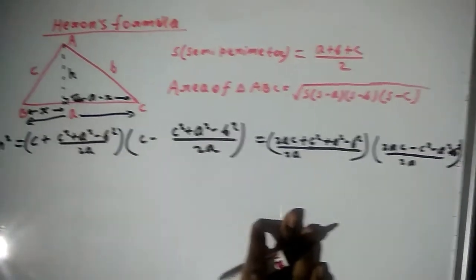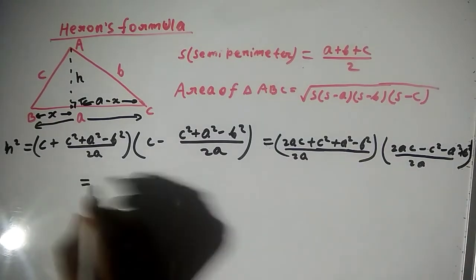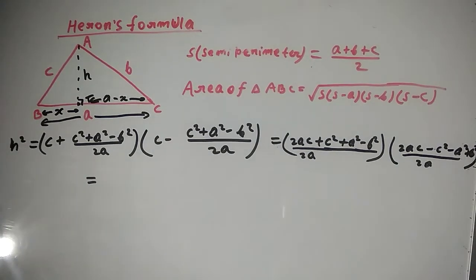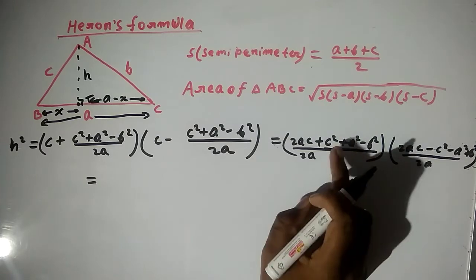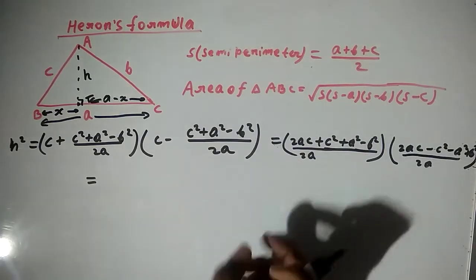Now we can write this. See, this is a squared plus c squared plus 2ac. This is in the form of (a plus c) whole squared.